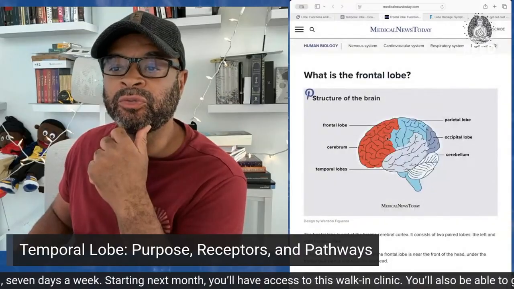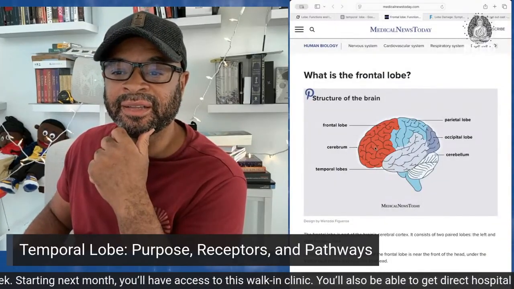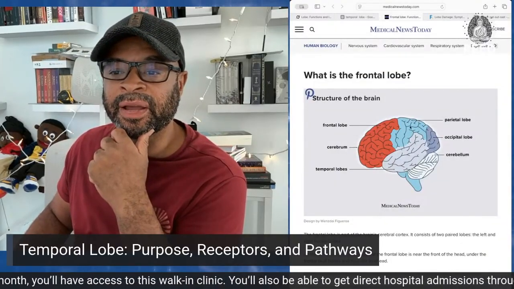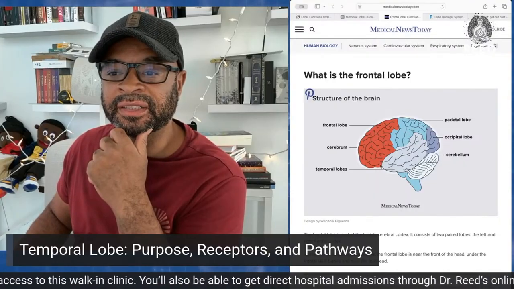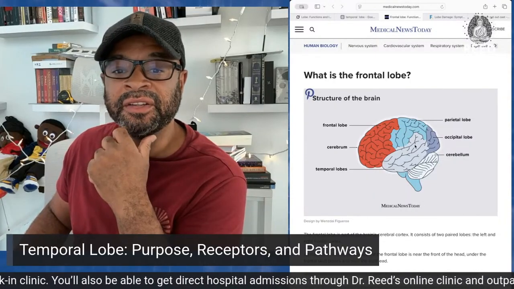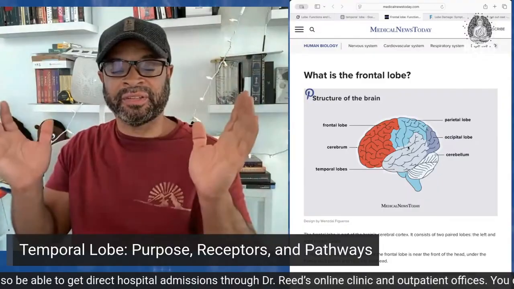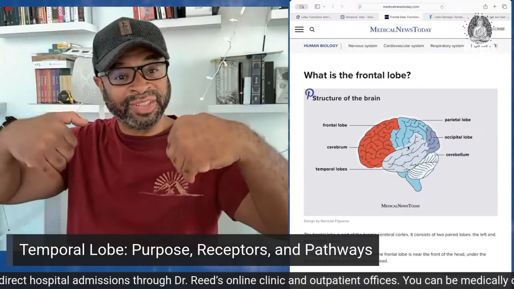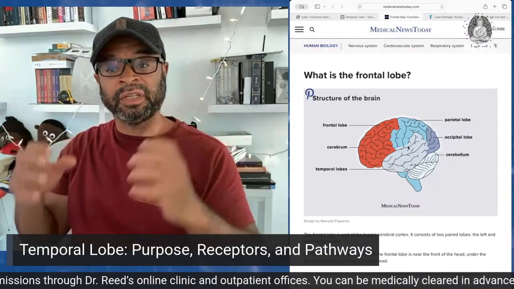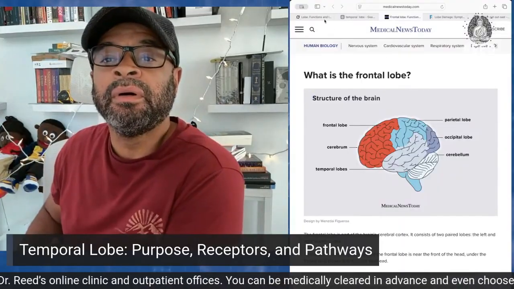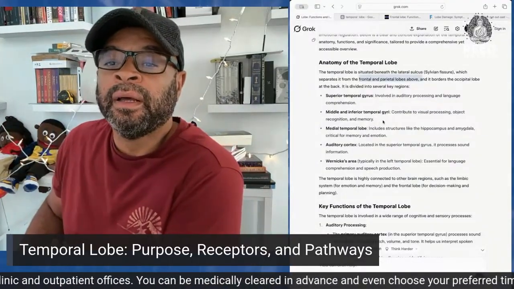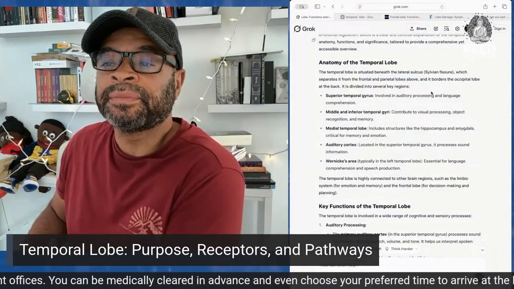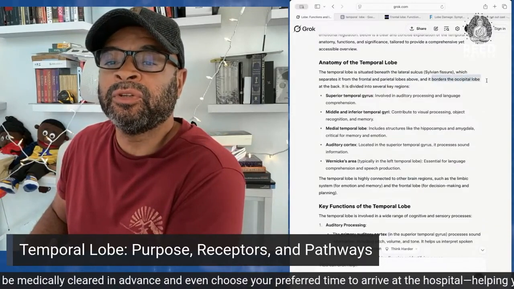The frontal lobe is here, and the parietal lobe is here. It's the part where the tissue envelops on itself, a lobule. It borders the occipital lobe at the back.